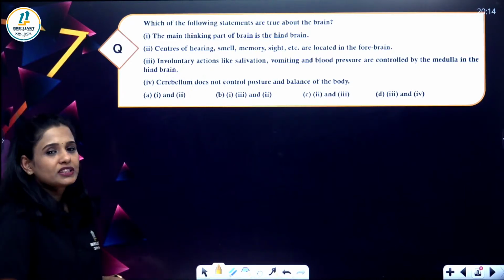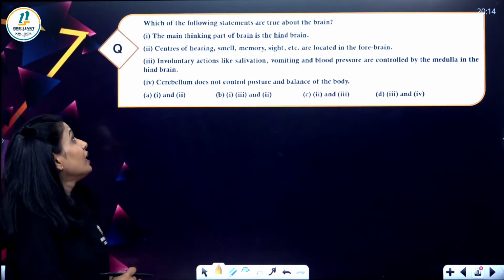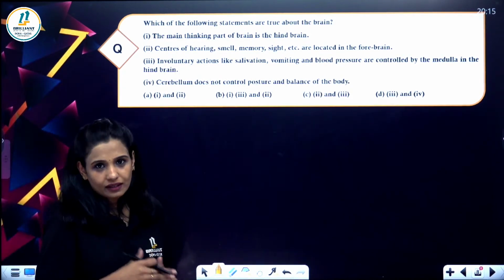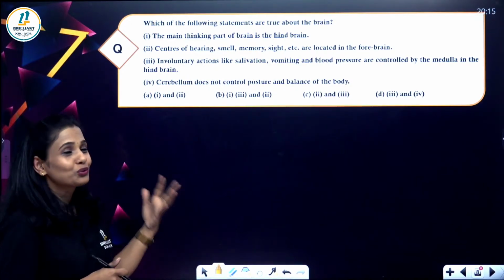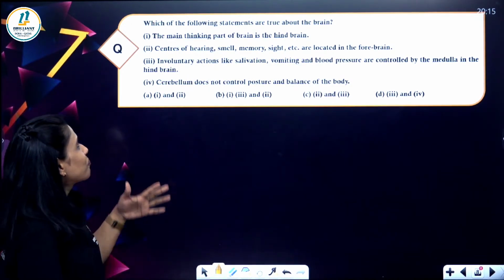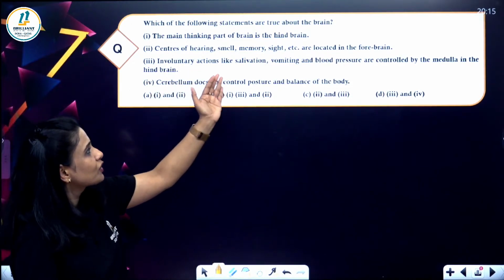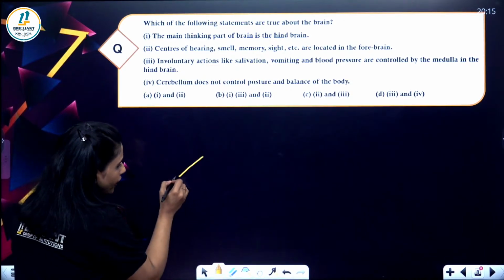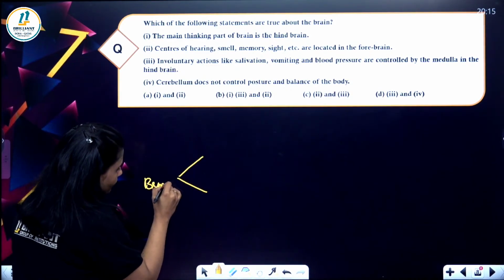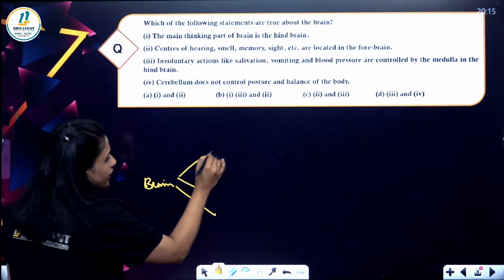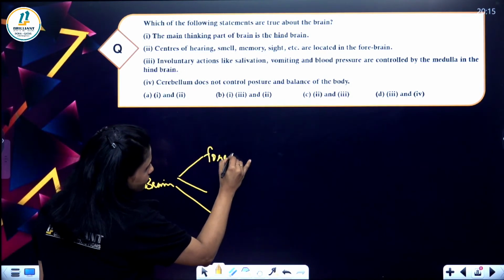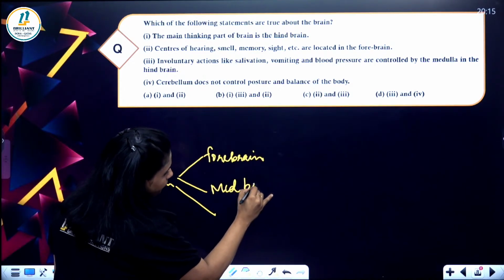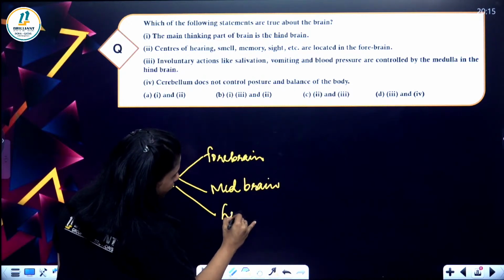Okay, now next question about our brain. Which of the following statements are true about brain? See here, the main thinking part of brain is the hindbrain. We know that there are three parts for brain, that is forebrain, midbrain, and hindbrain.